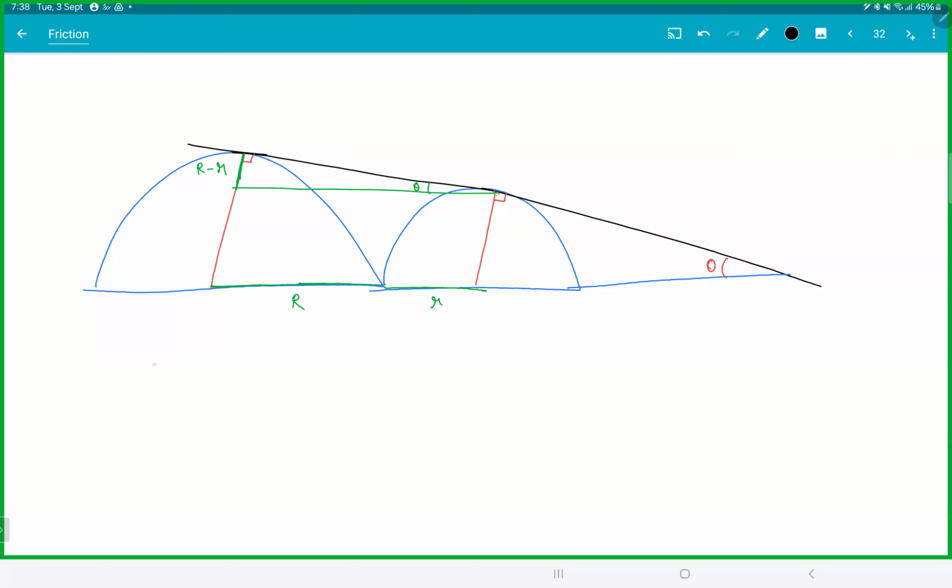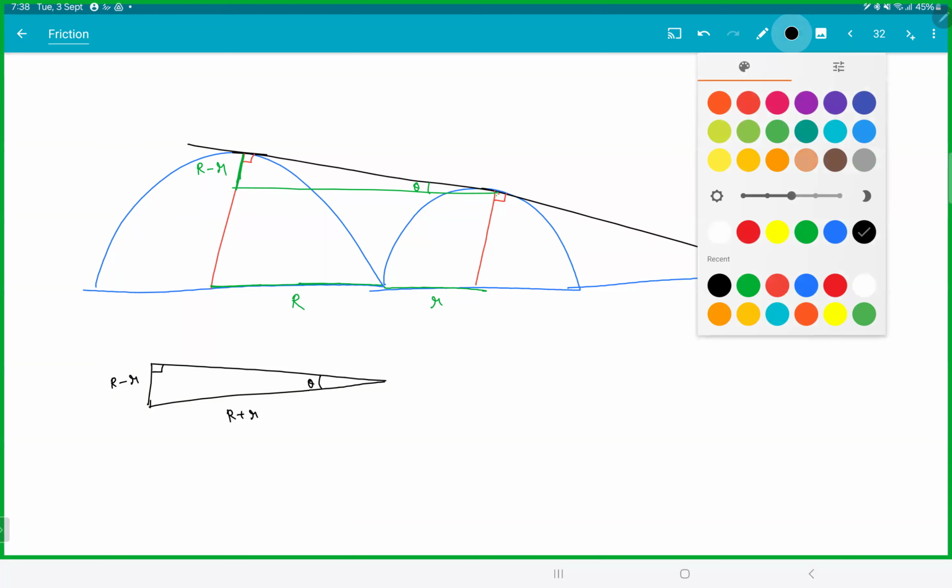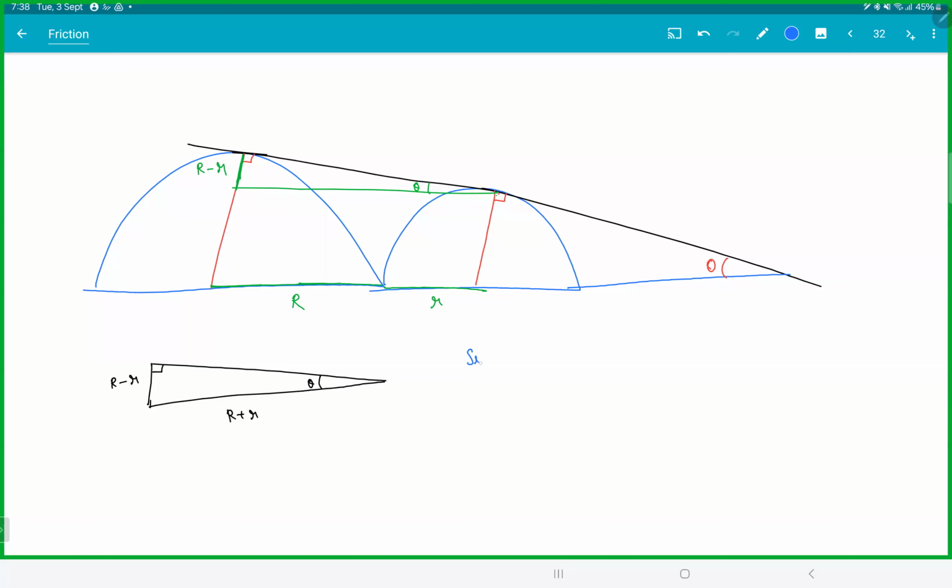So we got a triangle like this, 90, where this is R minus r and this is R plus r and this is theta. That is the opposite side. Sine theta is the opposite side, R minus r, by the hypotenuse, R plus r. Now you can simplify.